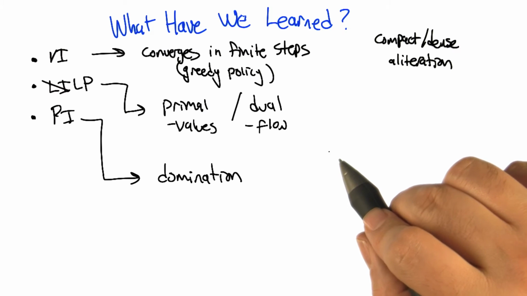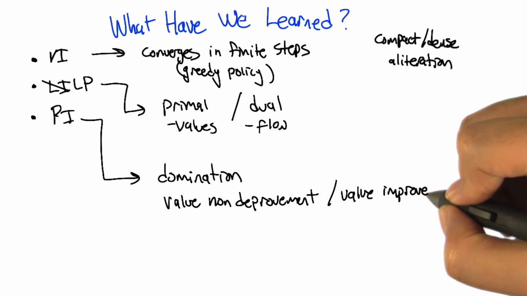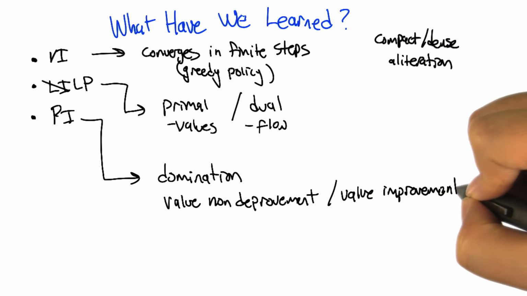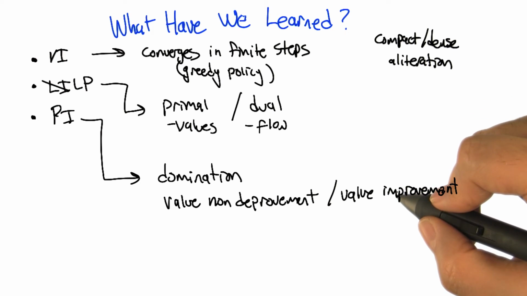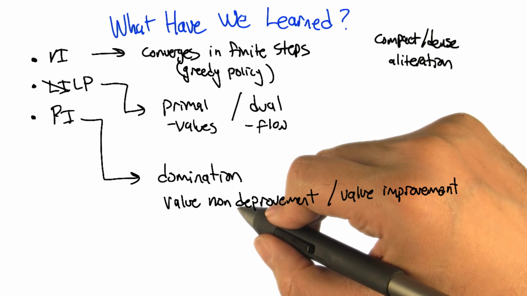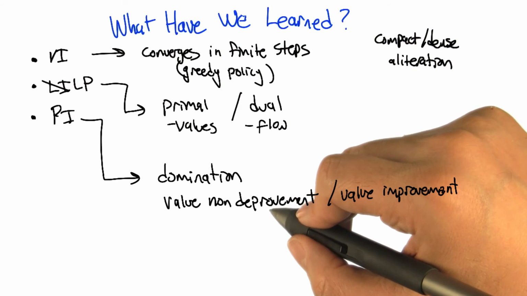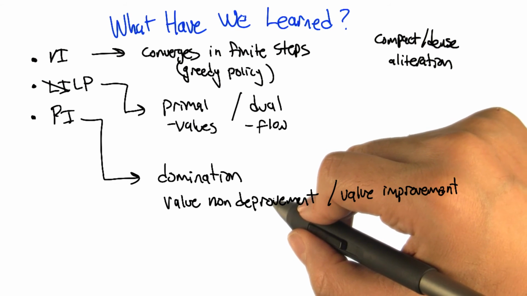Speaking of things that the proof of policy iteration depends on, we also talked about value non-deprovement, or value improvement, I believe, is the non-technical term for it. That's right. And we argued that we'd actually get strict value improvement anytime that we didn't have a policy that was already optimal. If it was already optimal, then a step of policy iteration resulted in value non-deprovement, which is just our broken way of saying it doesn't get worse. It might not get better, but it doesn't get worse.